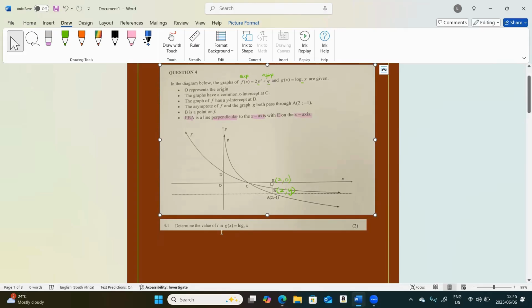Now, when we look at this equation for the log function, we need to solve for t, right? So t is basically our only variable. We know that g(x) can be replaced by y, and x is then obviously x.